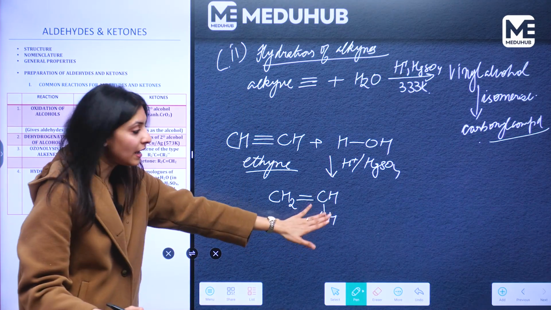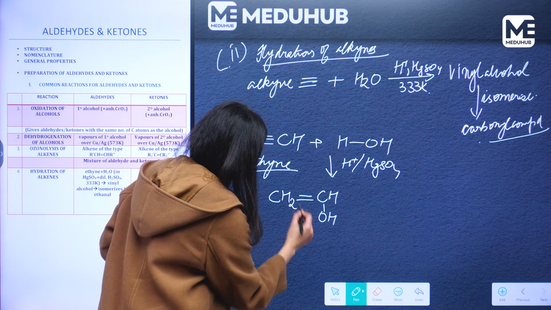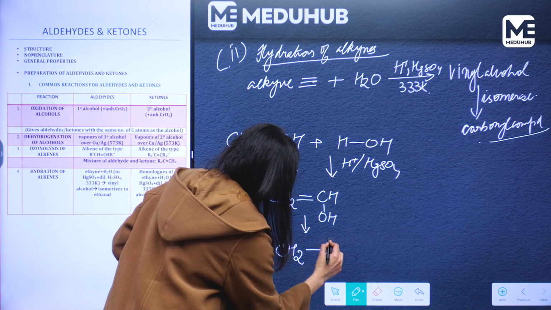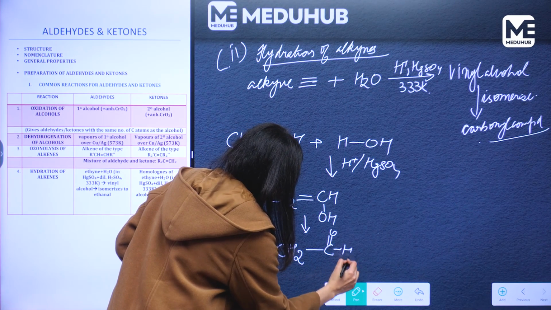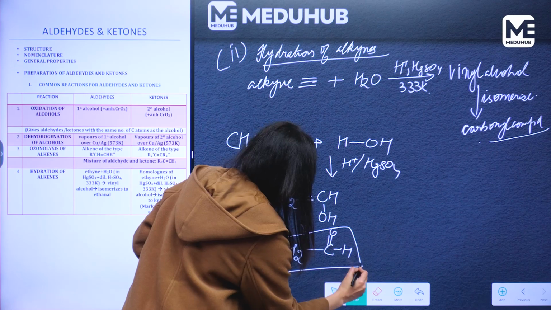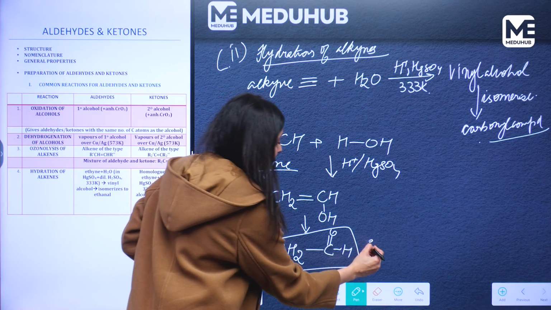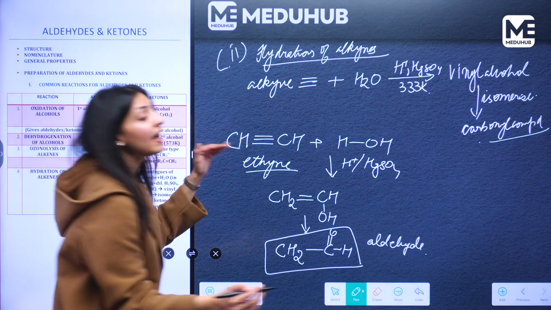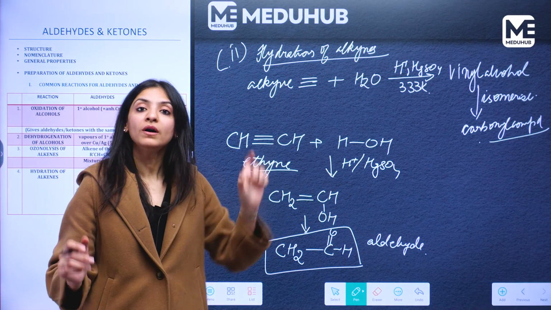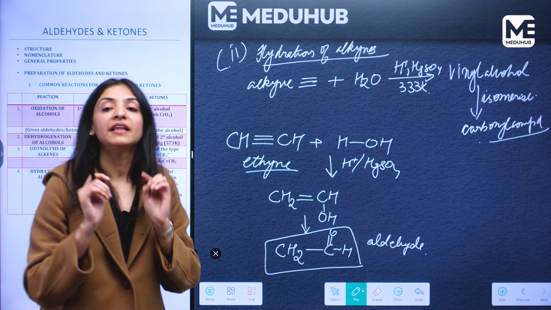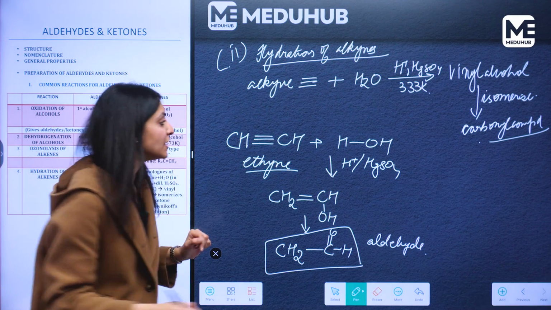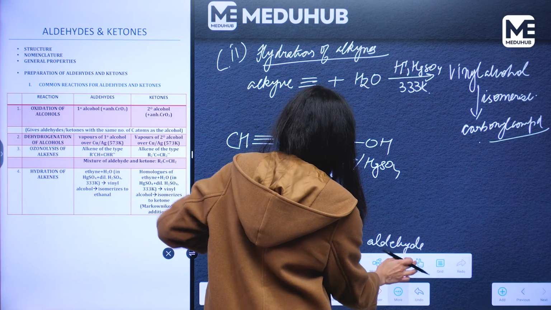Now this vinyl alcohol will isomerize to give us this compound here, which is an aldehyde. So ethyne will give an aldehyde. All other homologues of ethyne, that means apart from ethyne, all the other alkynes will give us ketones. Let us see how.